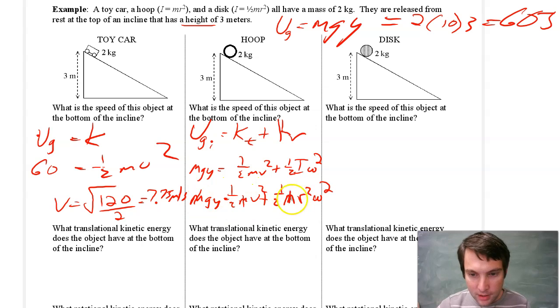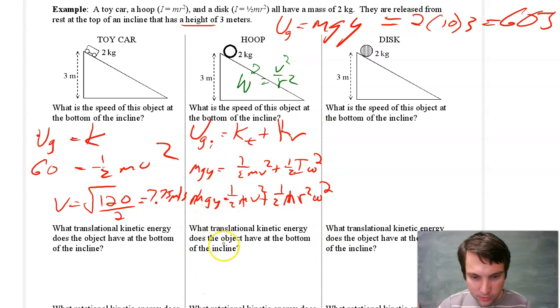We have r squared times omega squared. We've got a v here, and we're looking for velocity v. We can get omega in terms of v, right? Because we know omega equals v over r. So if it's omega squared, then it's going to be v squared over r squared.